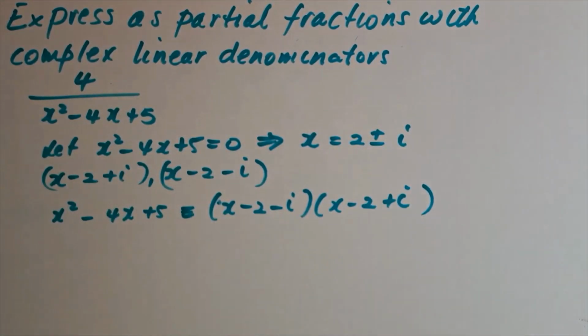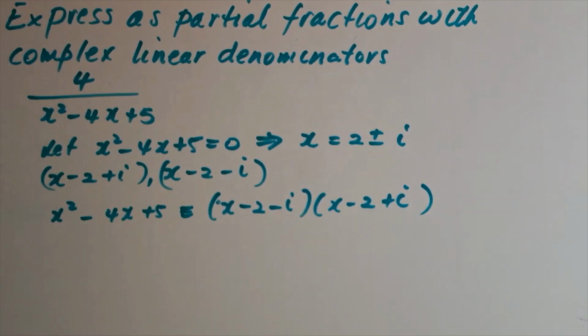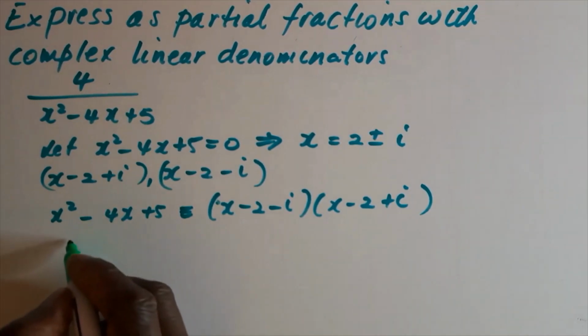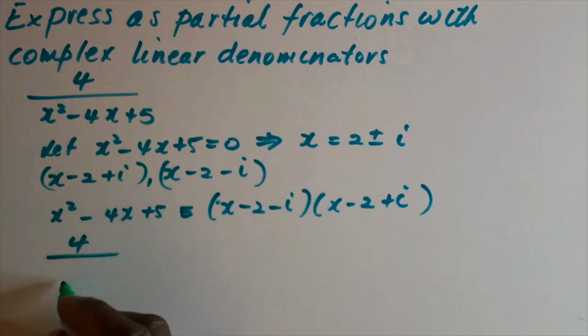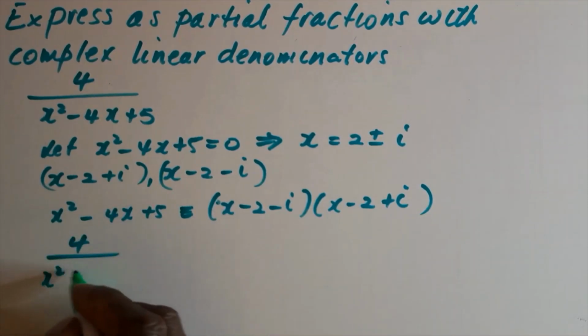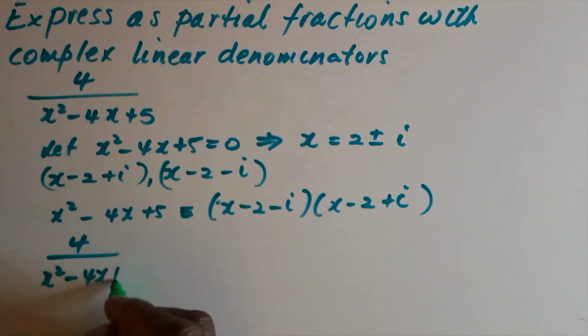Now for required partial fractions, the required partial fractions must have complex denominators. So that we can provide for complex numerators, we must write that 4 over x squared minus 4x + 5.